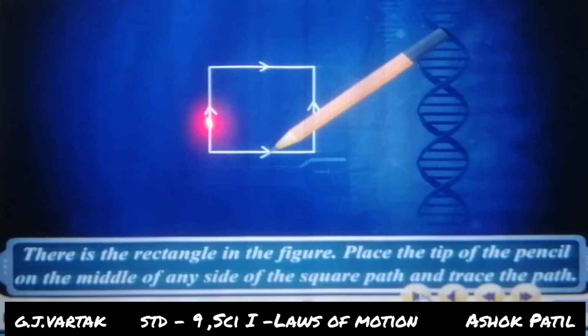We observe that the direction changes after some distance covered by the pencil. The side changes and the distance is the same here, but the path changes, the direction changes here.